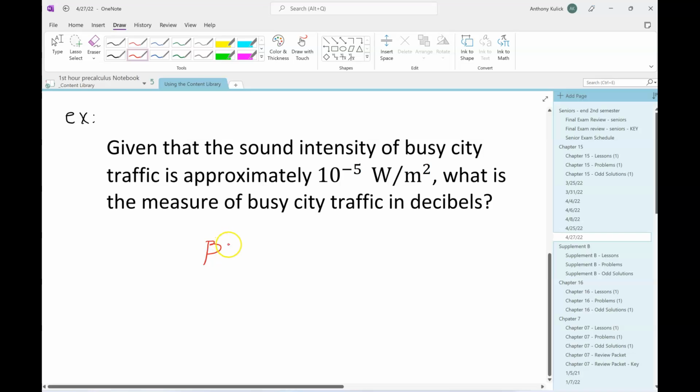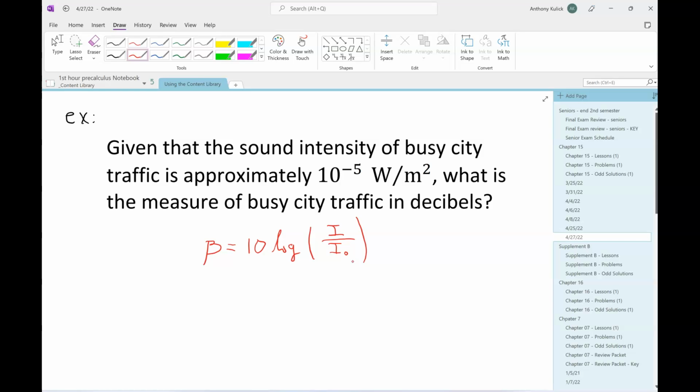Well, since we're talking about sound, hopefully it's pretty clear that I'm going to be using my sound intensity model. So what are we trying to solve for in this equation? Is the question asking us for beta, I, or I naught?